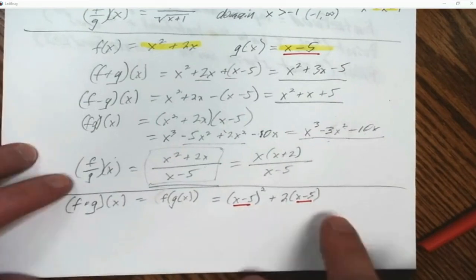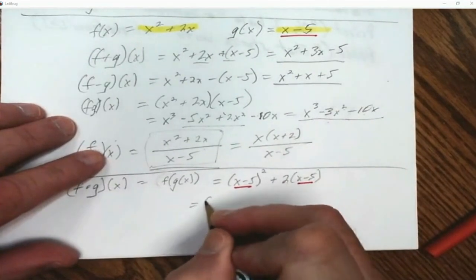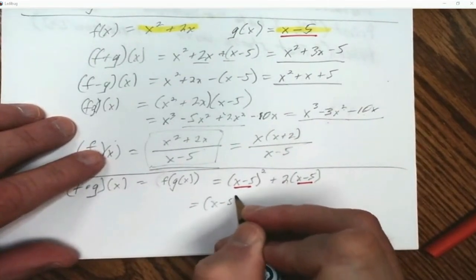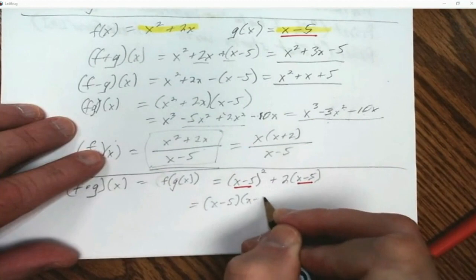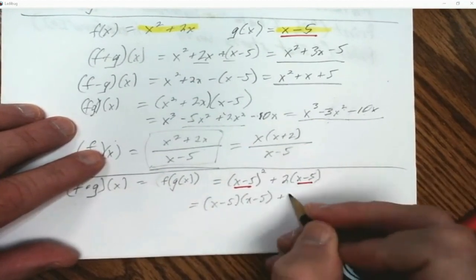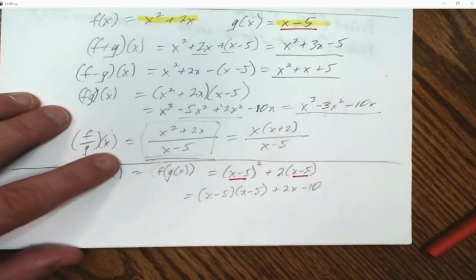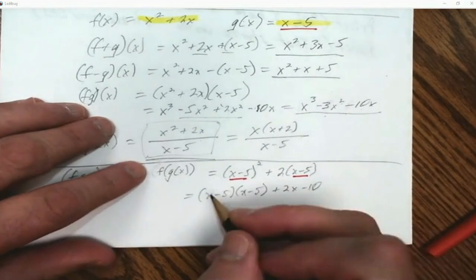Now we have to simplify this. So we got to take x minus 5 times x minus 5. I'm going to write that differently just so I don't mess up the math. Plus, I can go ahead and do this math, 2x minus 10. So what's x minus 5 times x minus 5? Well, we got to distribute, right?